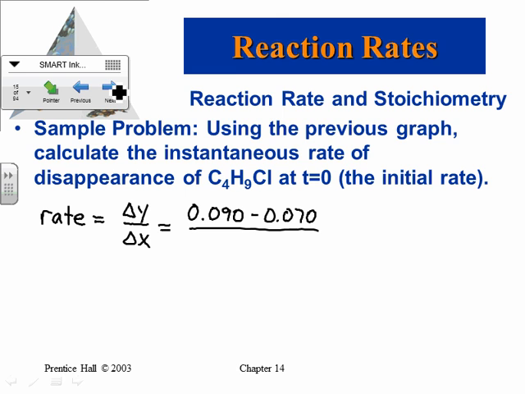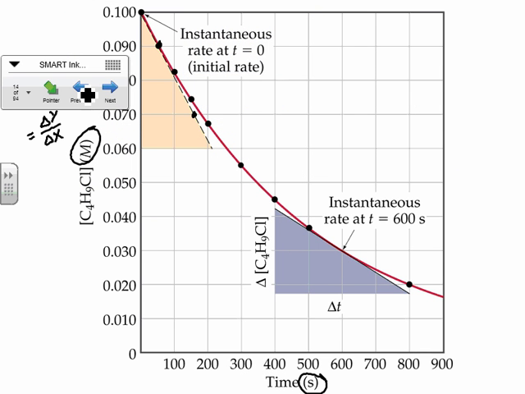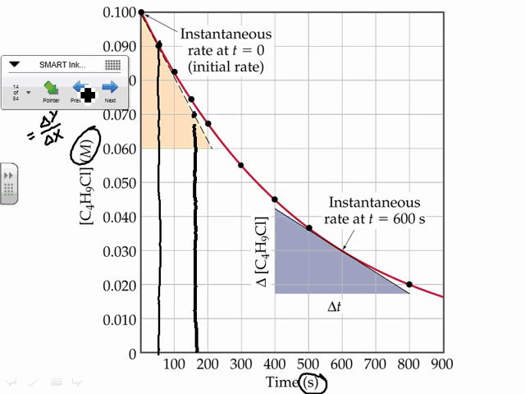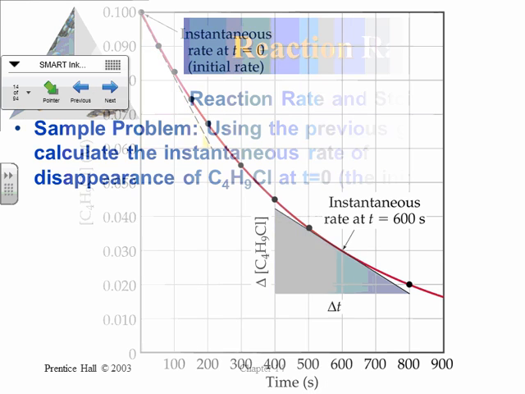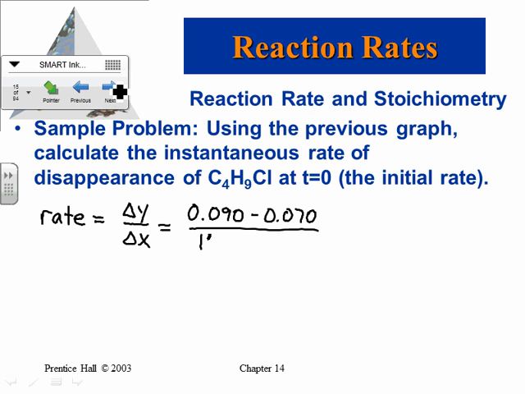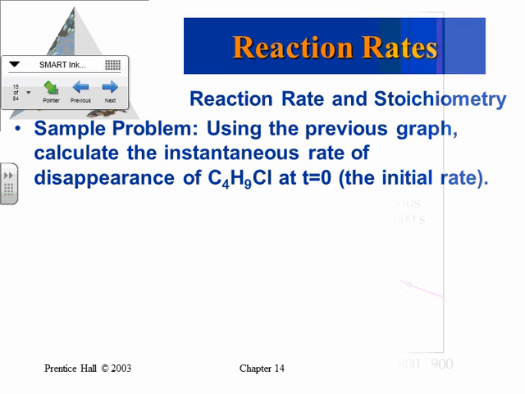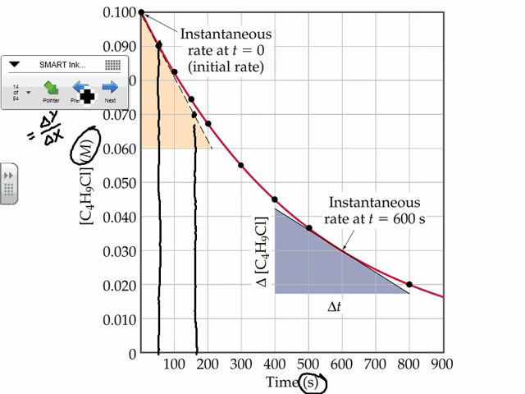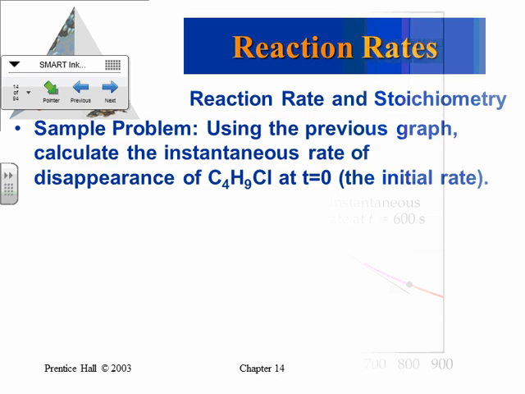Those are both in molarity. And then next thing here, our time is at about 50 seconds. If you trace this down, I would say it's about 50. And then our time on this one, probably a little bit more than half, so I'm going to estimate maybe 160. So our time here, 160, is that seconds? Yeah, seconds. 160 seconds minus 50 seconds.